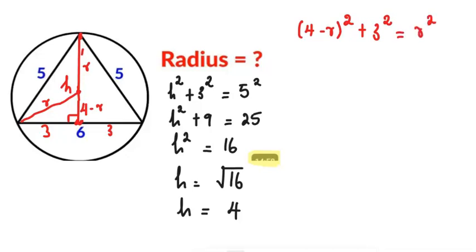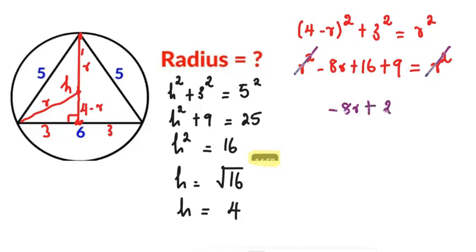Now expanding this here, we get r squared minus 8r plus 4 squared, giving us 16, then plus 3 squared giving us 9. This is equal to r squared. We can see r squared is positive on both sides, right? So they will cancel out. Therefore, we are left with negative 8r plus 16 plus 9, giving us 25. This is equal to 0.